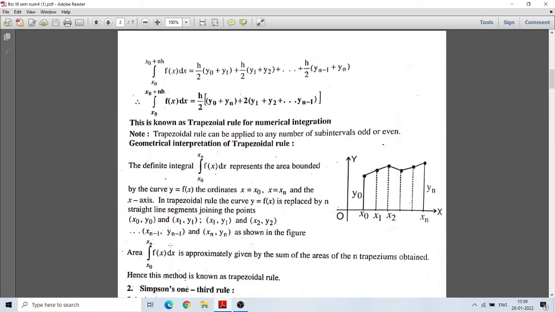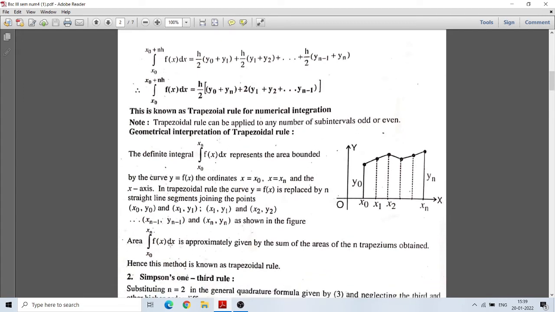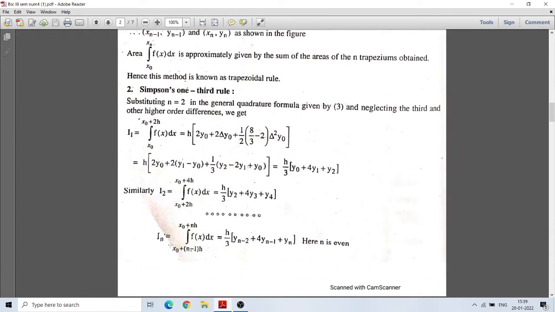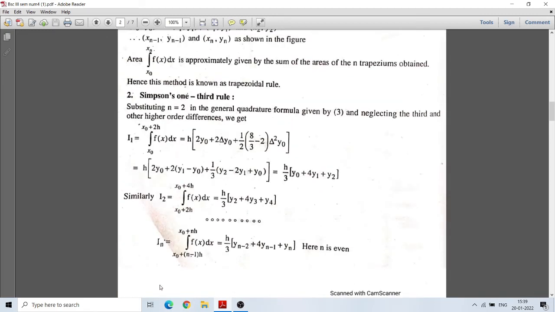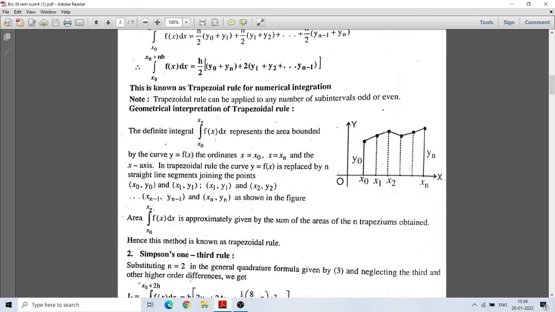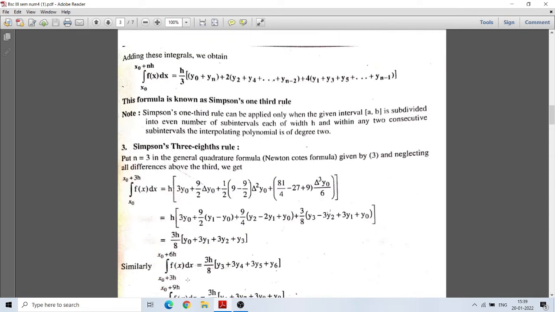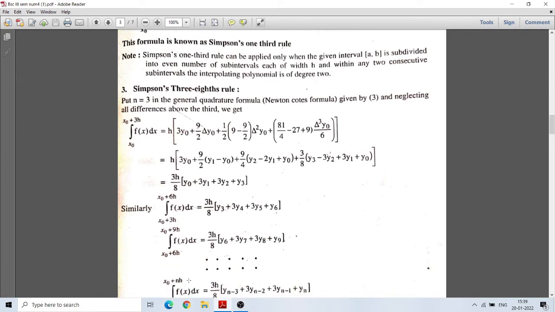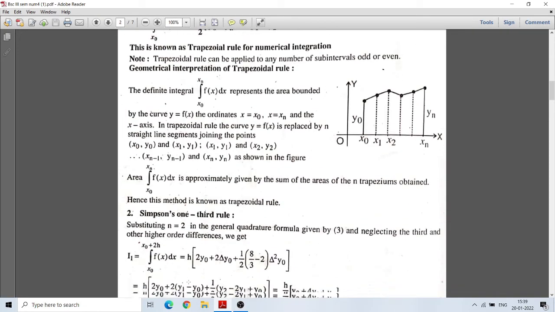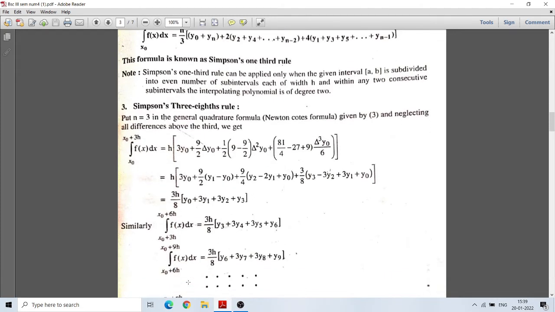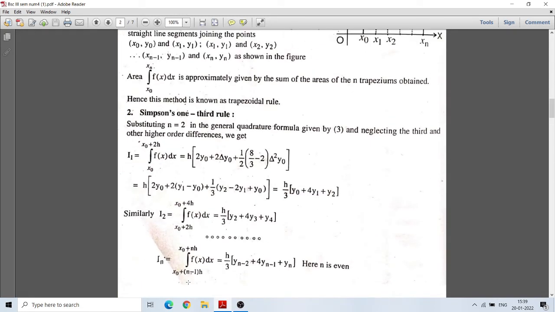In general we will get the Simpson 1/3 rule.